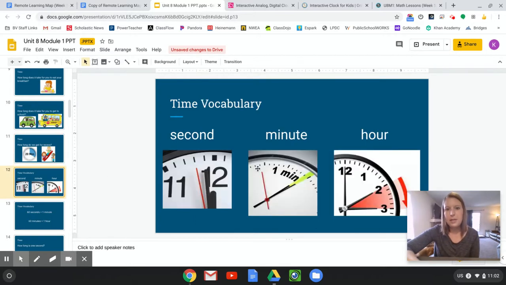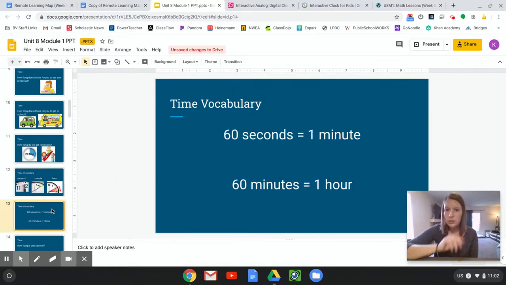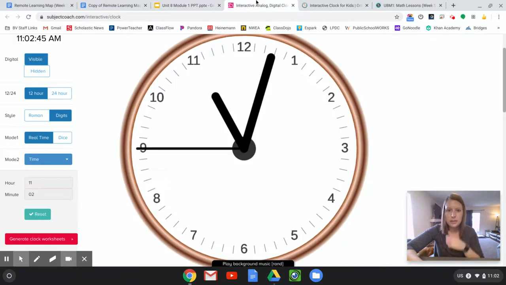So some vocabulary about time. An important word we haven't talked a lot about is a second. We've talked about minutes and hours, okay? There are 60 seconds in 1 minute. So let's go back to this working analog clock.